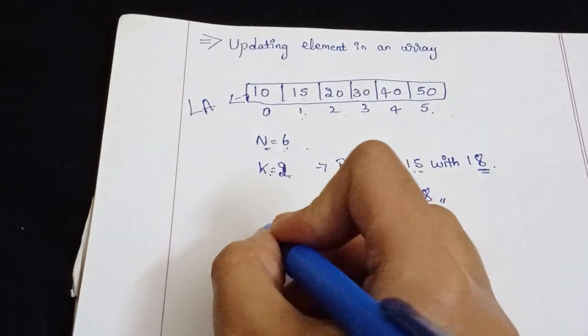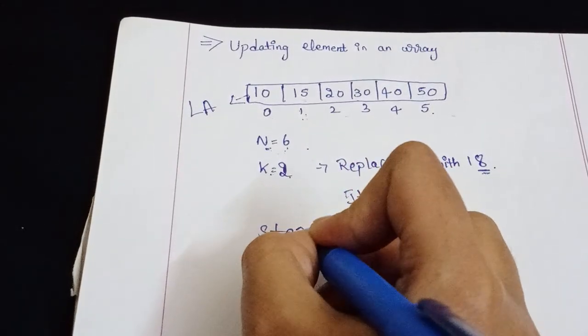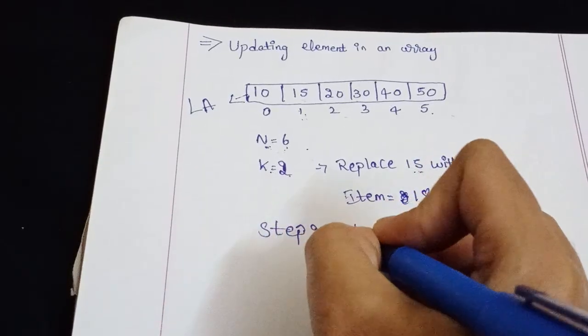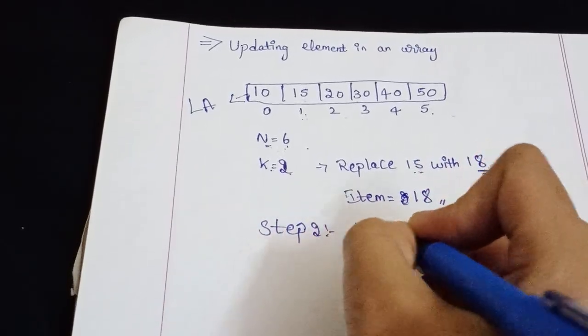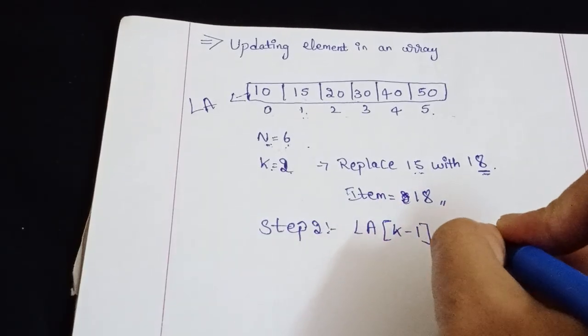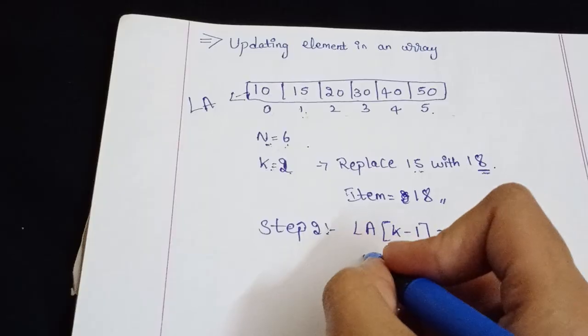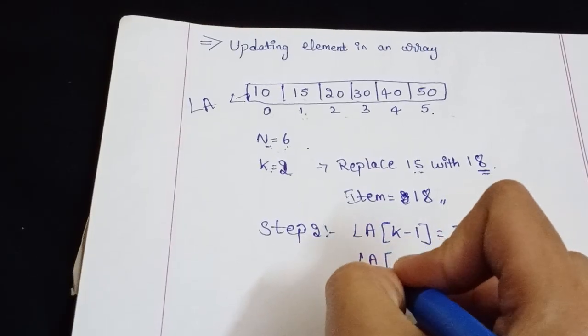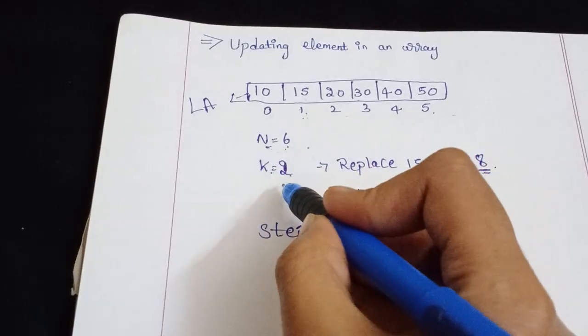So I will just write here step 2: LA K minus 1 is equal to item. Okay, so LA is the array name, and then what is the K we got? 2.